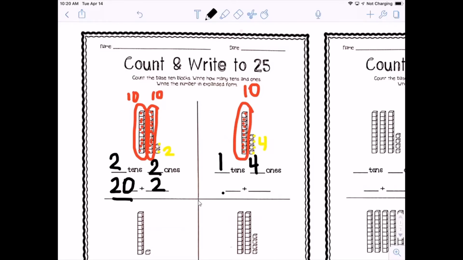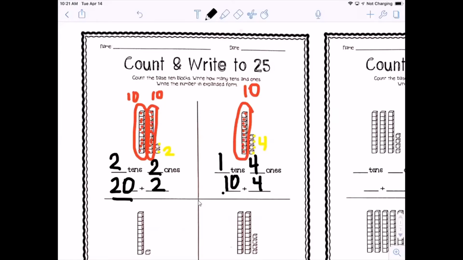Now I write it in the expanded form. I'm not going to write 1 here. I have one group of 10, so I write 1 and I place the 0. Now, how many ones do I have? 4. Okay, so now I double check my answer. 10 plus 4 more equals 14.